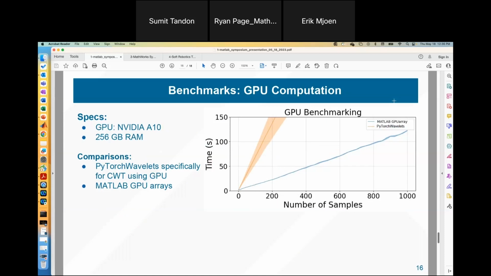And the runtime of this is rather higher than the MATLAB. So I just cut it off when I saw that it is consistently about 7x higher runtime than the MATLAB version. So using MATLAB parallel pool even would be preferable to using PyTorch wavelets, or even using CPU multiprocessing in Python would be preferable.